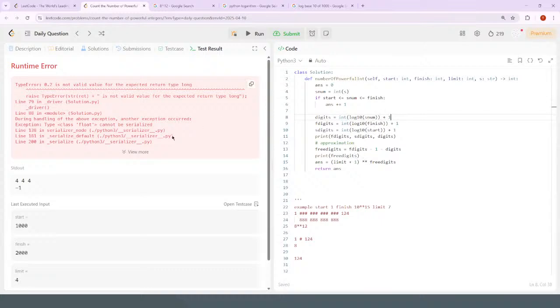What did I do wrong here? So return answer was the number of free digits calculated here was -1. And then it did 10 to the negative 1 power. All right. Okay.